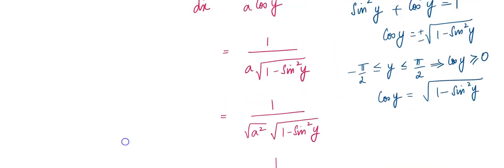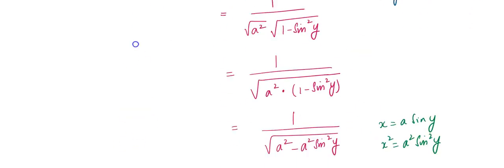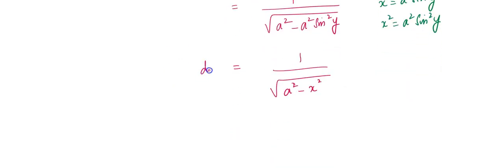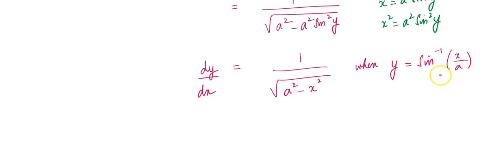Okay. And what was on the left side was dy over dx. Now remember, we're trying to find the antiderivative, right? So this is dy over dx when we chose y to be sine inverse of x over a. Okay. The one caution is because of all this, we throw in an absolute value of a in the formula.